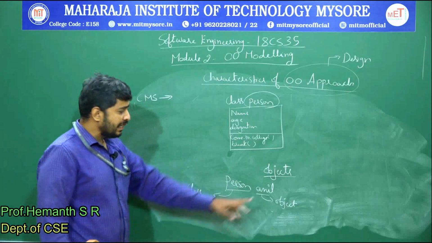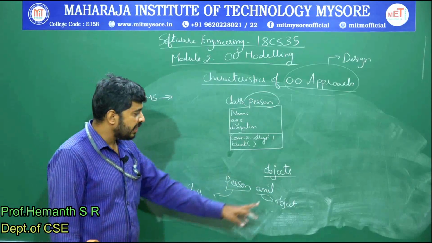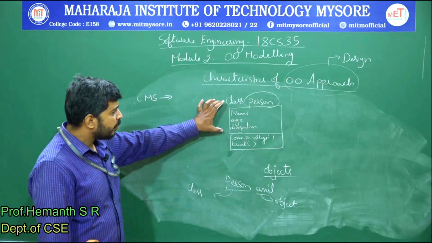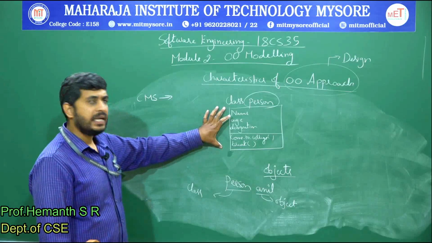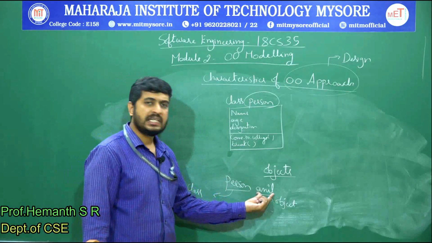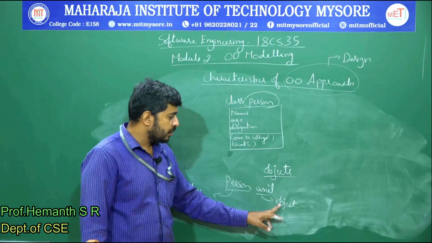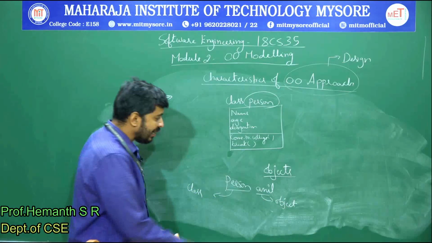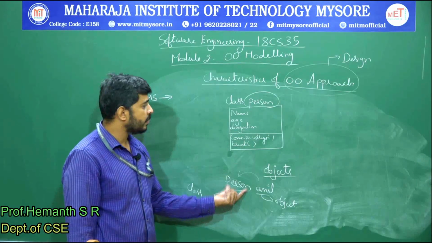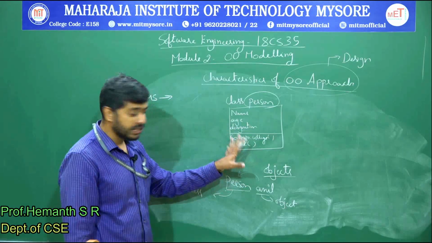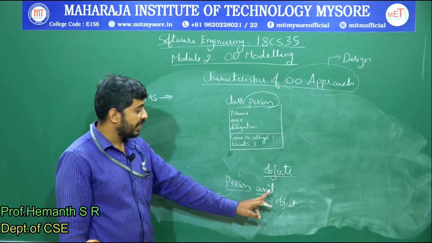Anil, which is an object, is an instance of a class, meaning that whatever attributes and operations are there in the class can be taken by the Anil object. Please note this object Anil is associated with the class person. So whatever is there in the class person, whatever attributes and operations, can be taken by this object, by Anil.